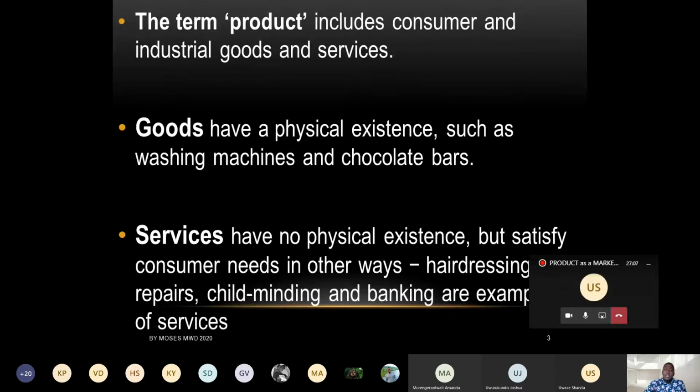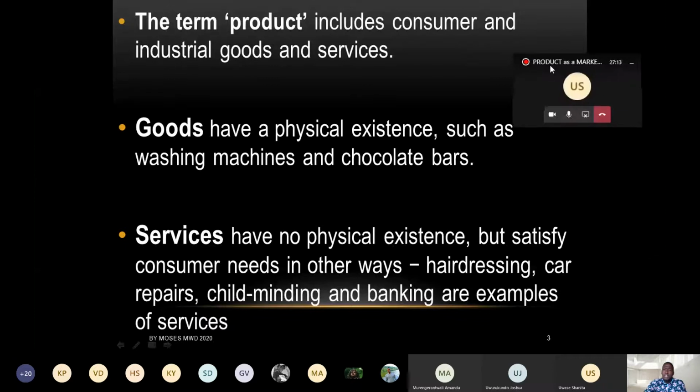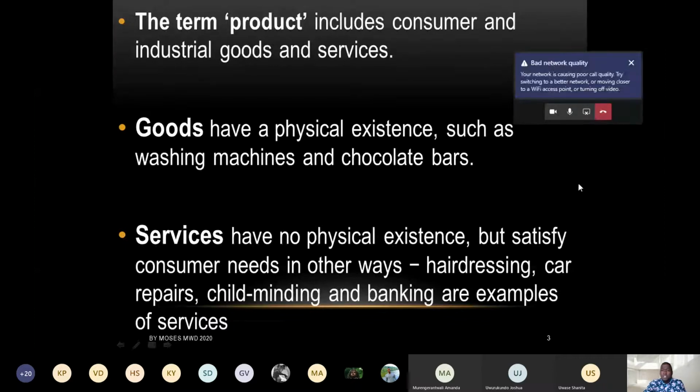A service has no physical existence, like education, like medical services, like banking. Those definitions we already know, since year 9, and even in economics. So when you talk about a product, we mean goods or services.